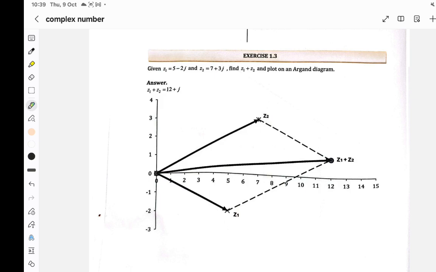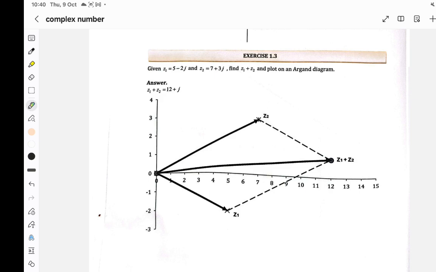But when we do the addition, we can see the kind of relationship that is formed between these two complex numbers. This is where the value of z1 plus z2 is, from the origin straight ahead.